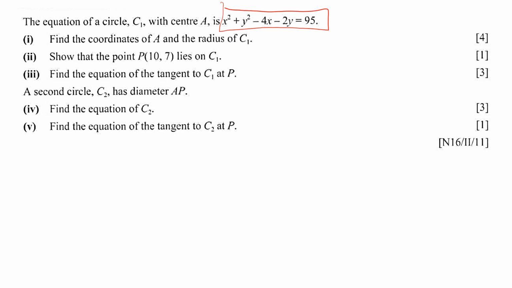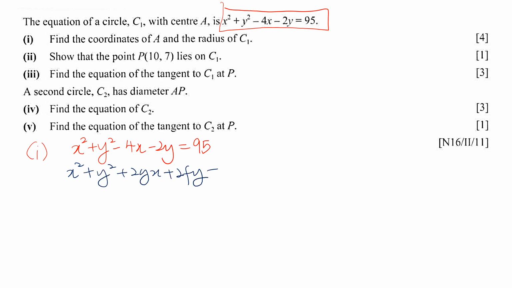What we need to do is compare these equations with the general form that we learned earlier, which is x squared plus y squared plus 2gx plus 2fy plus c equals 0.